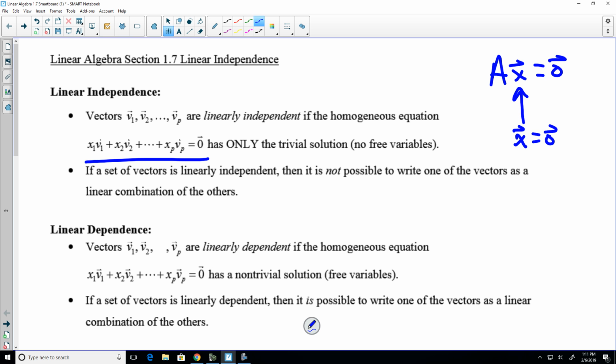If a set of vectors is linearly independent, then it is not possible to write one of the vectors as a linear combination of the others.